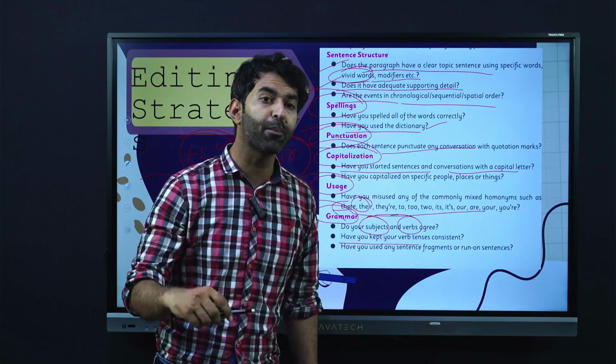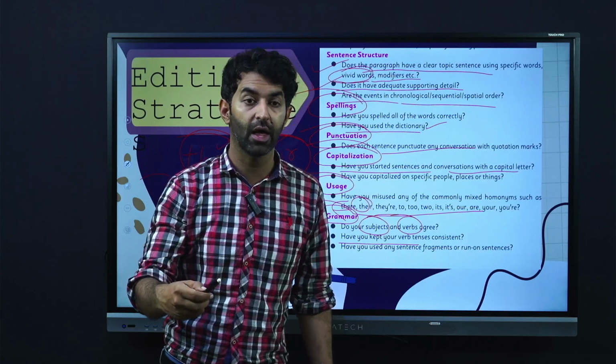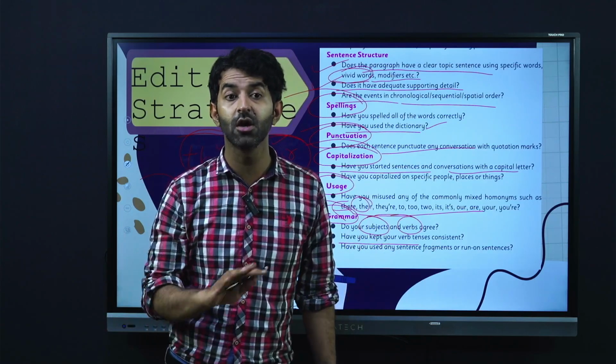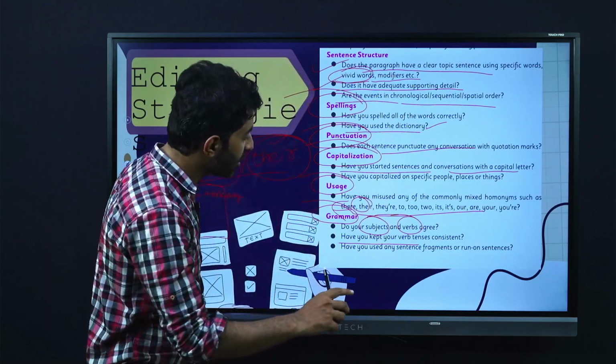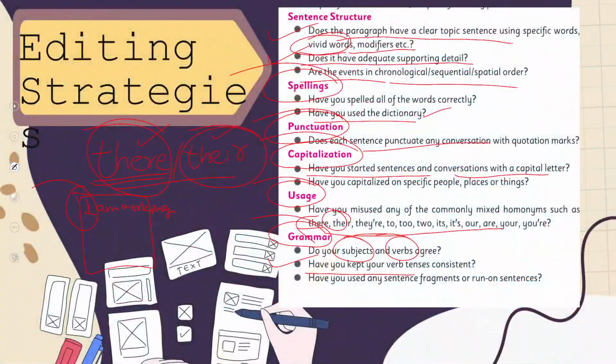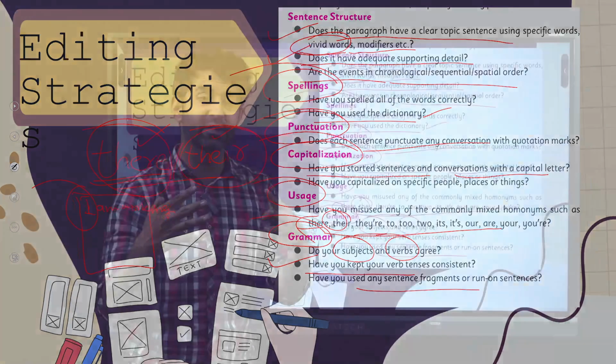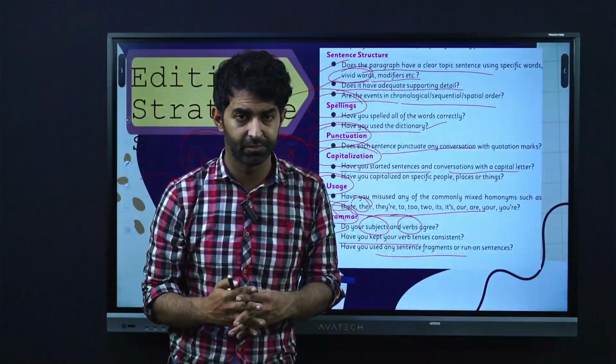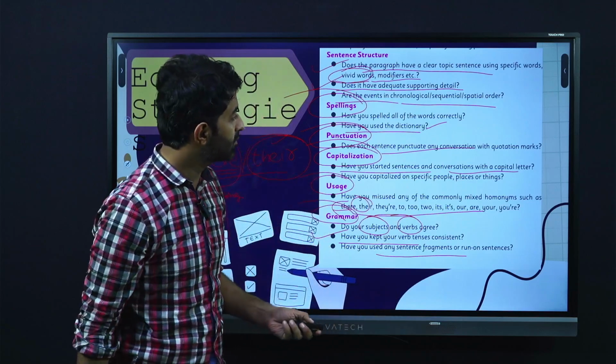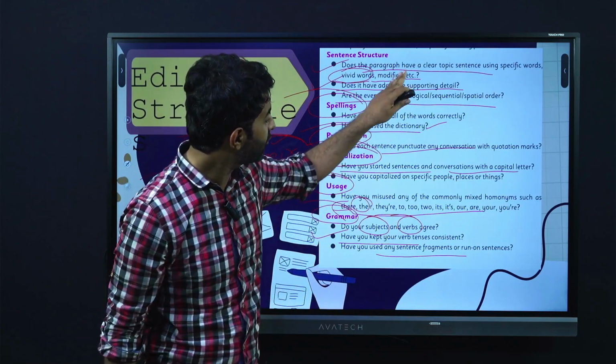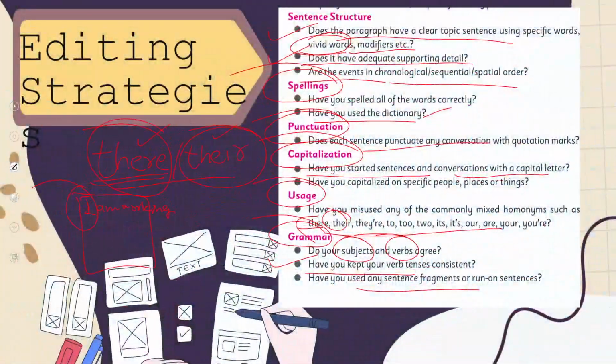But if you start using past tense or future tense in the middle, then this will be considered wrong. So you need to be careful about the tenses, and have you used any sentence fragments or run-on sentences? We need to see that our sentence structure is intact. Now, we will be careful about all these points when we are editing any text.